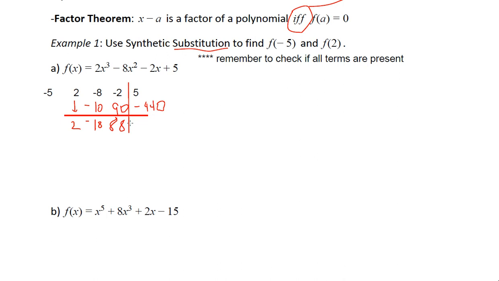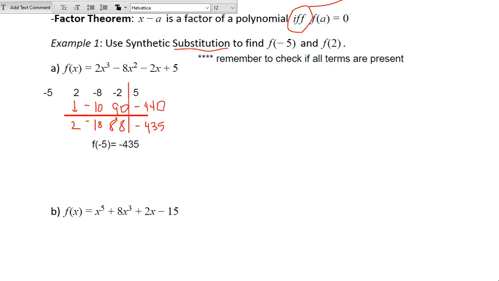And add again, and I get negative 435. So what this says is that I have just determined that f of negative 5 is negative 435.